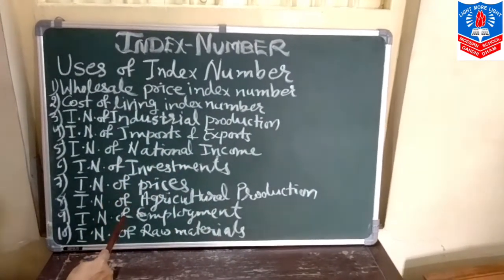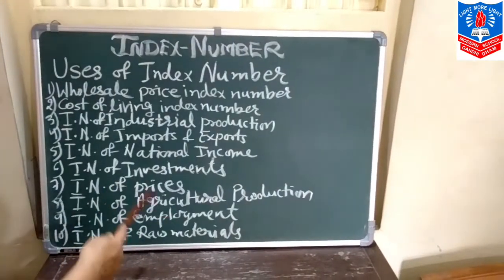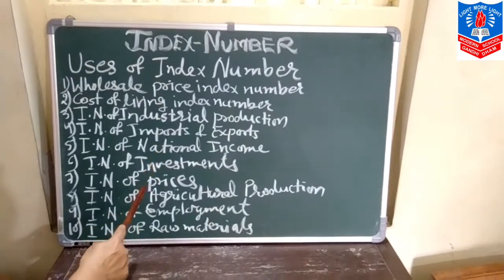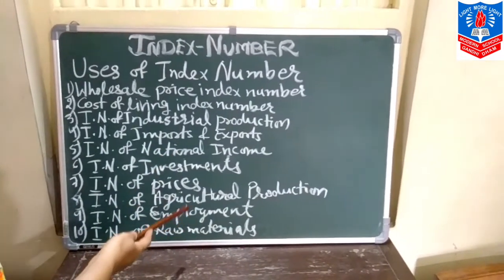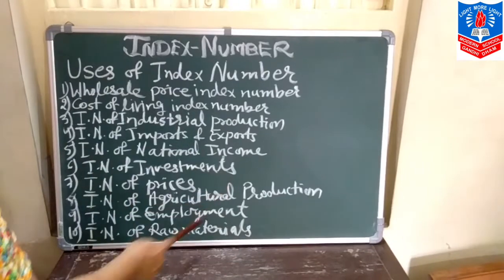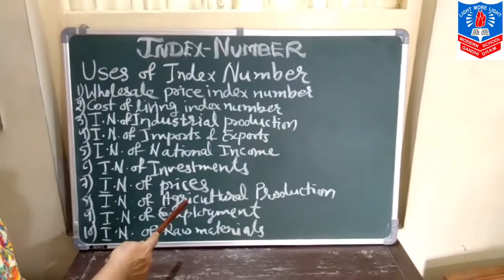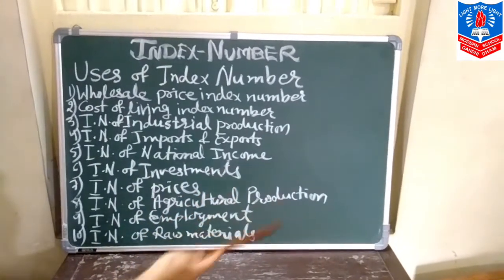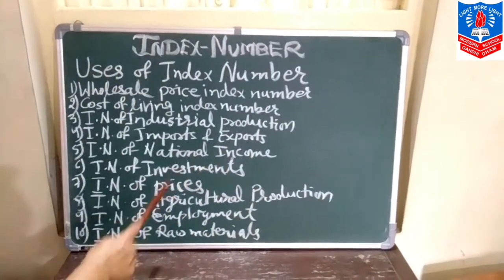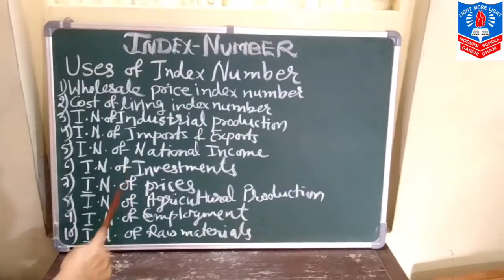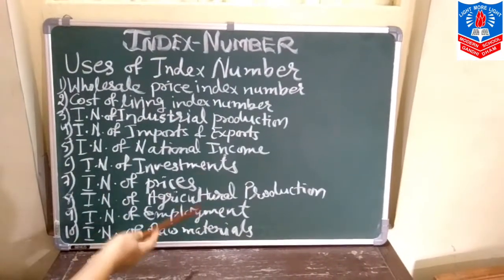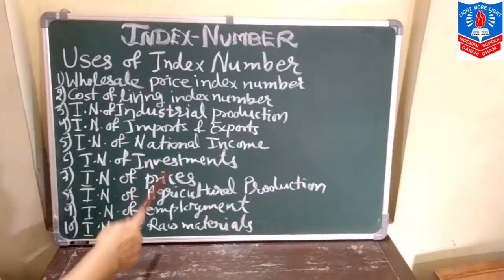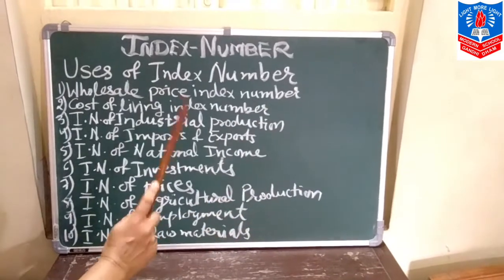With the help of a barometer, we record the changes in weather condition and it helps us in forecasting rain, storm, cyclone, etc. In the same way, by seeing all these uses of index number, this index number also helps us to know the changes in the economic activities of a country, and it guides us in framing economic policies for the future. That is why this index number is called the barometer of economic activities of the country.